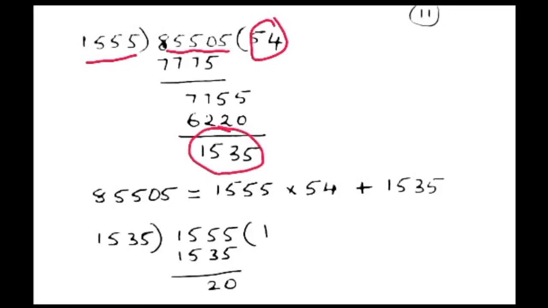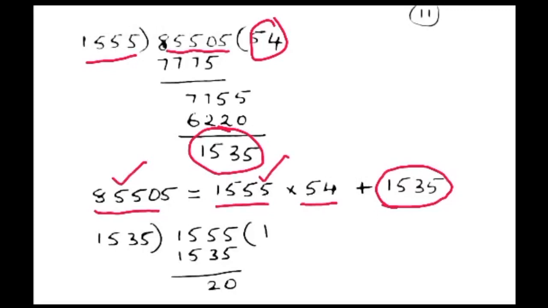Therefore, dividend equals divisor multiplied by quotient plus remainder. So this is dividend, this is divisor, this is quotient, this is remainder.